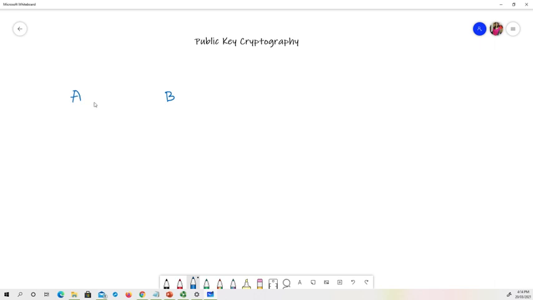The main intent of public key cryptography is that if Alice wants to send a message to Bob, Bob would generate two keys. One is the public key, which he shares with Alice, and one is the private key, which he keeps with him so that nobody is able to access it.